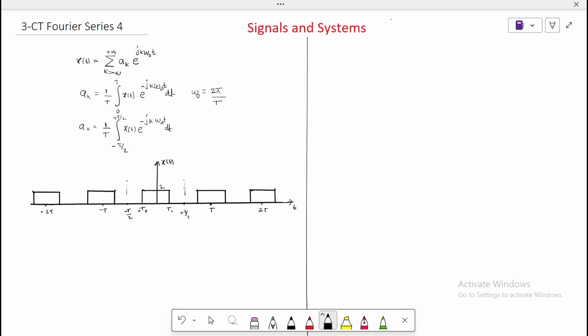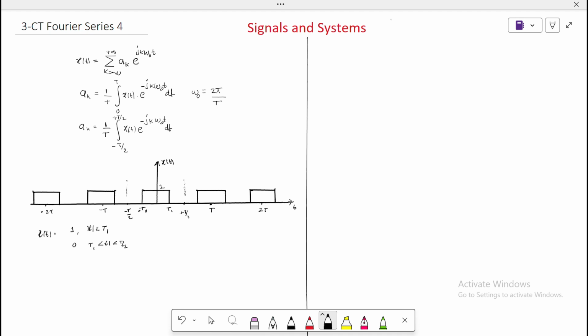This is the problem. Mathematically, we can write x of t equals 1 for mod t less than T1, and 0 for mod t from T1 to T by 2.